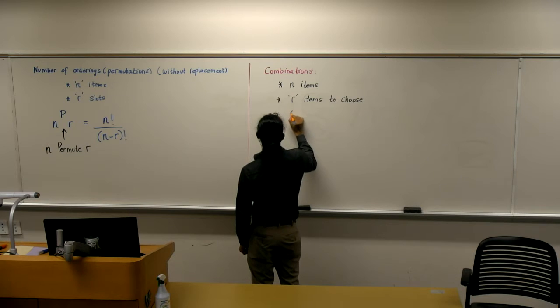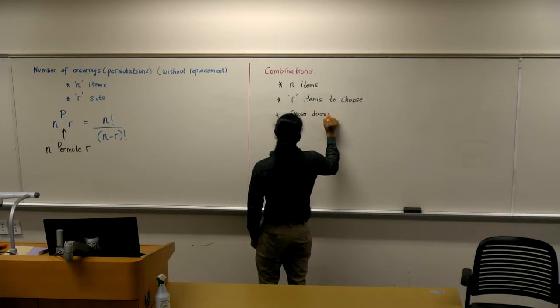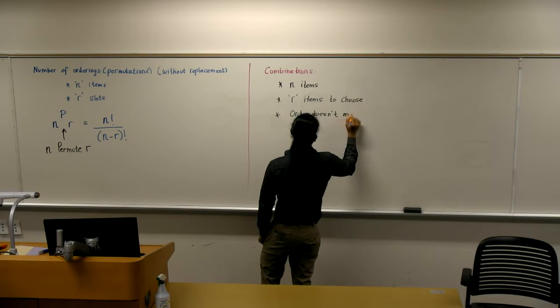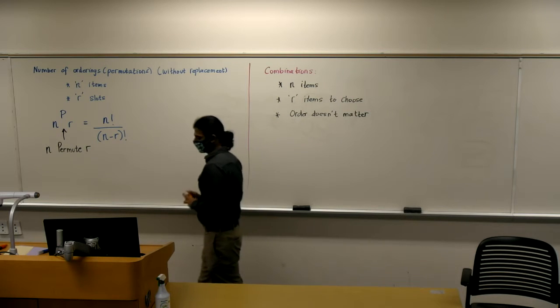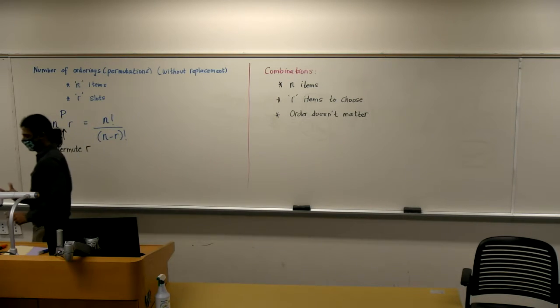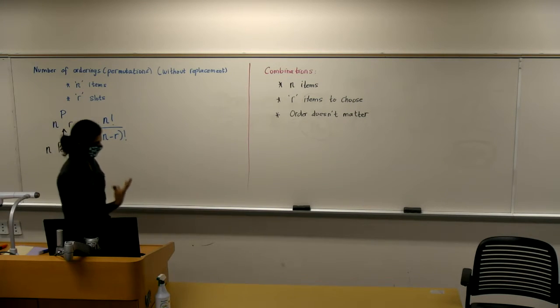In this case, order doesn't matter. What do we mean by that? Suppose you have a bag of candy, Jolly Ranchers and, what was the other one last time? Skittles.